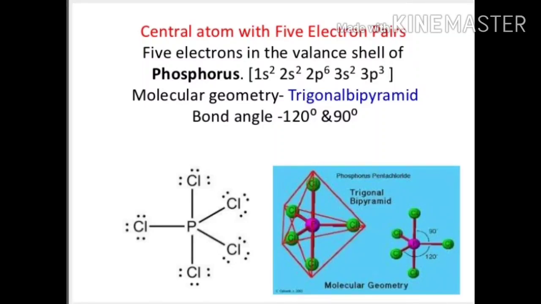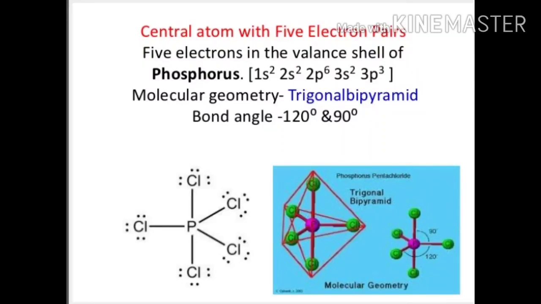Out of 5 chlorine atoms, there are 3 chlorine atoms at the equatorial position, or the trigonal position. They are known as equatorial bonds, and the bond angle between equatorial positions is 120 degrees.